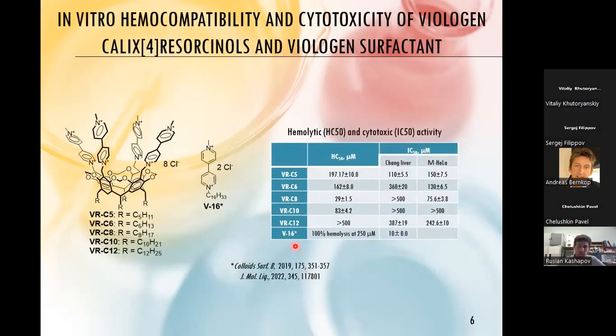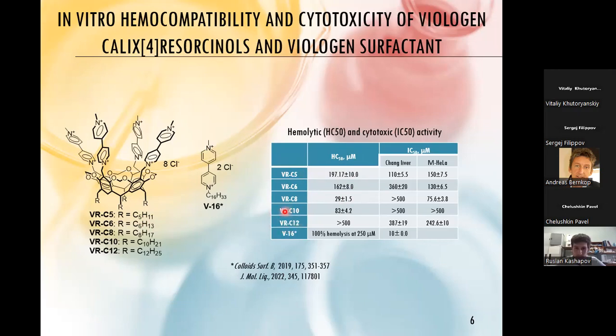Before creating supra-amphiphiles based on viologen calixarene and polymers, we investigated the biological properties of the series of synthesized macrocycles that differ in the length of alkyl chains on the lower rim. The study of hemolytic activity showed different trends in its change depending on this length. The degree of hemolysis increased from pentyl to octyl derivatives and then decreased with increasing length of alkyl fragments.